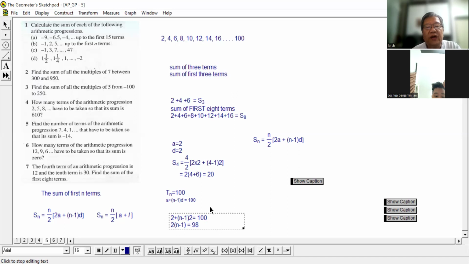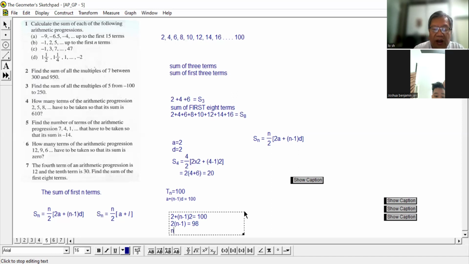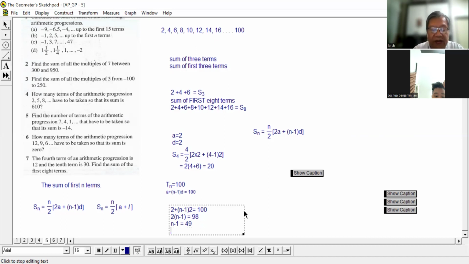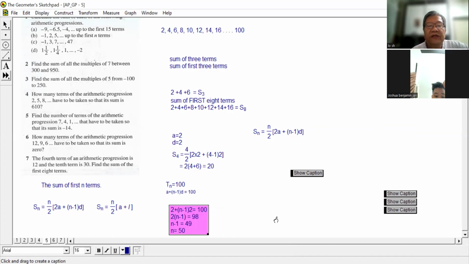Divided by 2, n minus 1 equals 98 divided by 2, which is 49. So what is the n? 50, yes, correct. Very good. So there are altogether 50 terms.